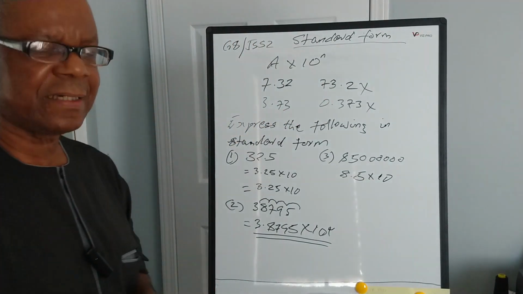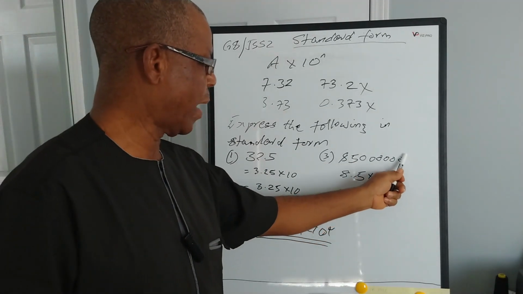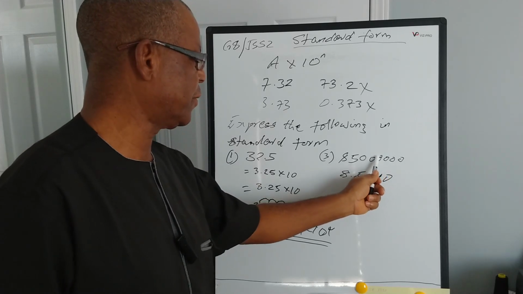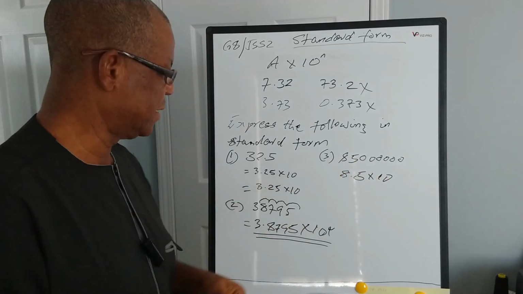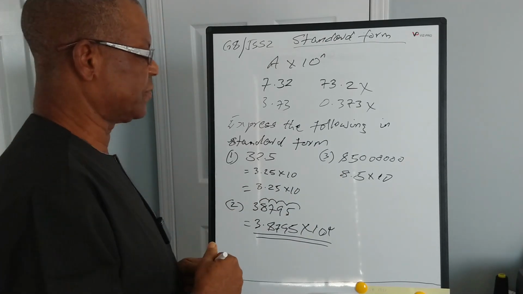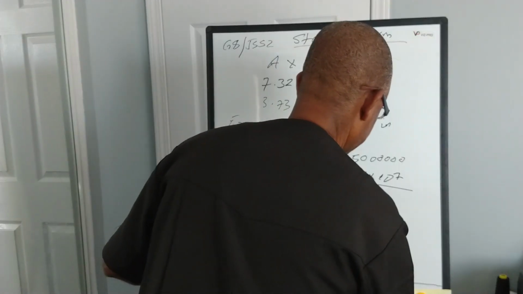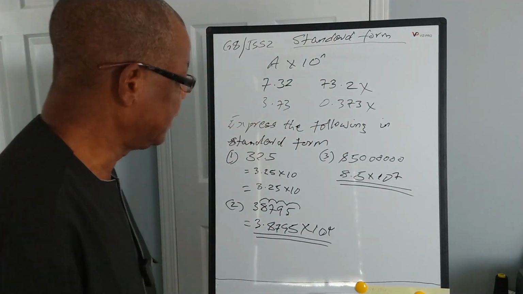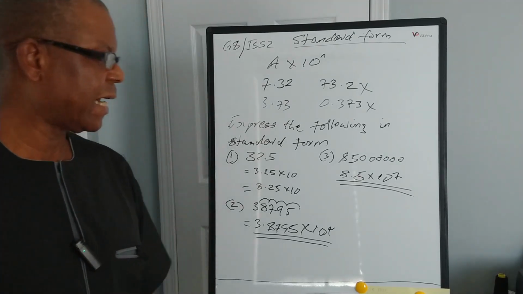How many times did the invisible decimal point move? That is 1, 2, 3, 4, 5, 6, 7. So this becomes 8.5 times 10 raised to power 7. We have expressed the 85 million in standard form.